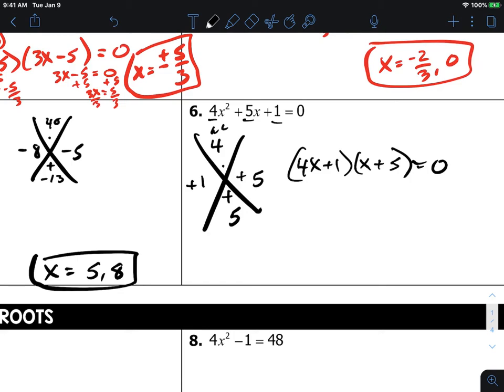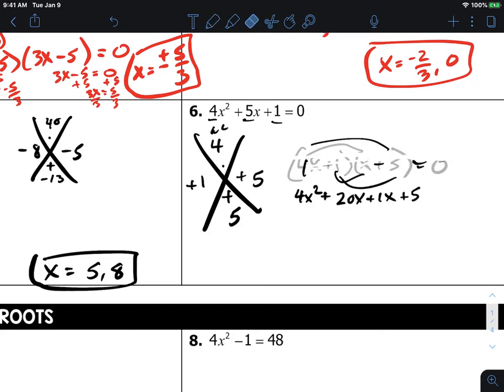Because if you do that, and you distribute and FOIL this out, that's 4x squared plus 20x plus 1x plus 5. That's not 5x. So that cannot be our answer. That's not the way to go.